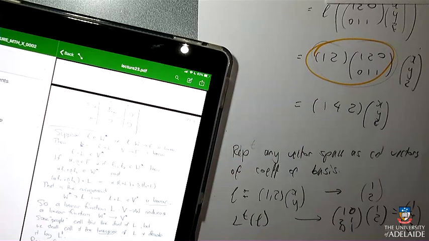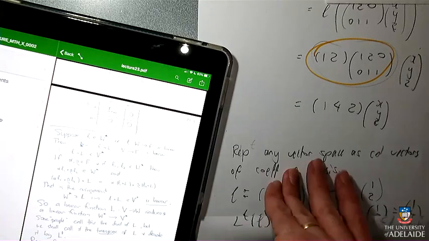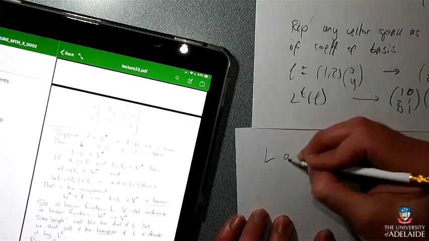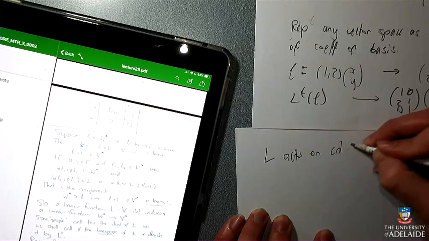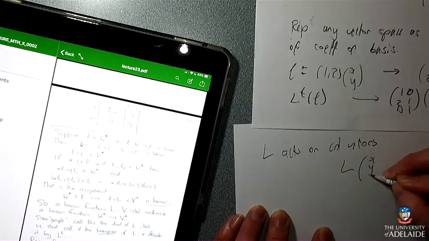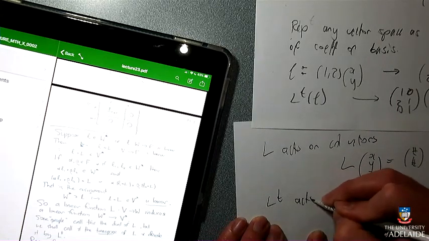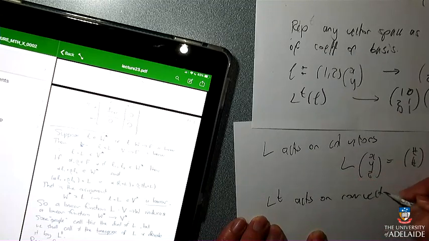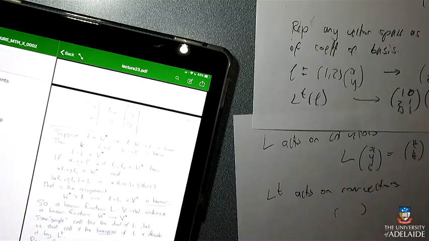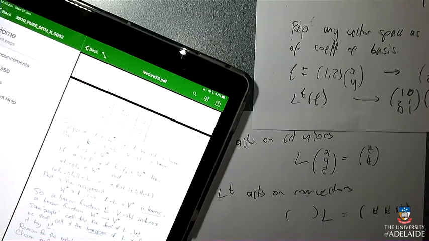So L acts upon the vectors in V by multiplying them on the left. L acts on column vectors by going matrix L times vector equals output in R2. L transpose acts on row vectors by going here. Like that.